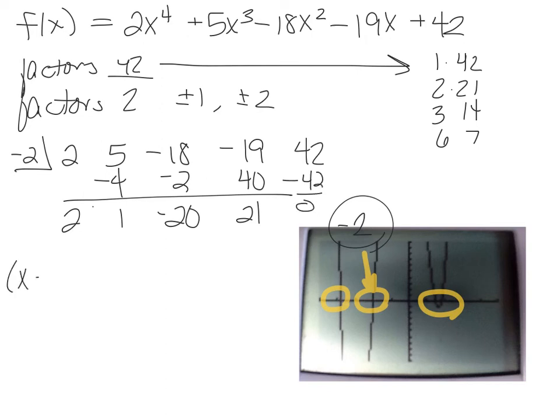So I get x plus 2 and 2x cubed plus x squared minus 20x plus 21. I'm sad because I cannot go any further without some help of the p's over q's. Okay, so 2 was one of them.